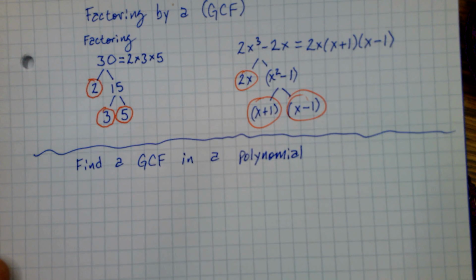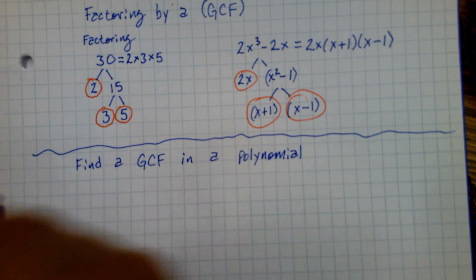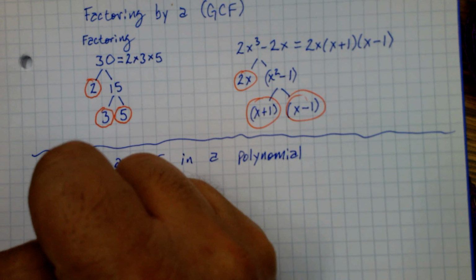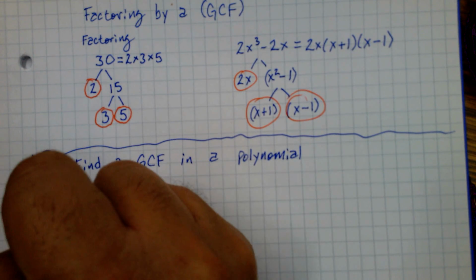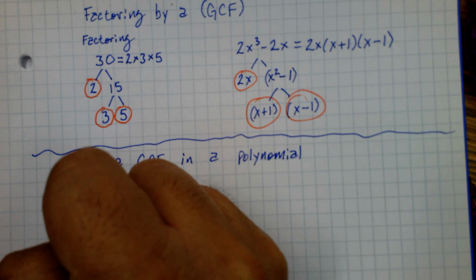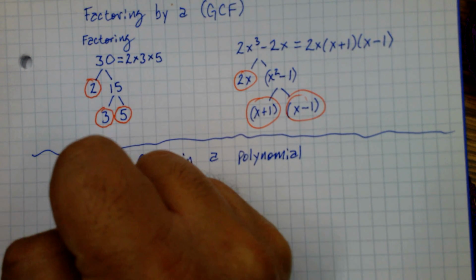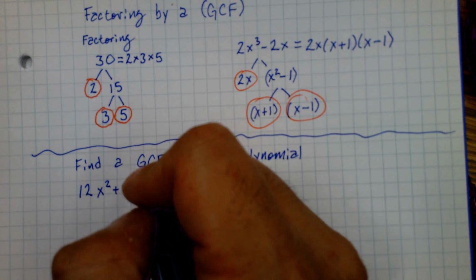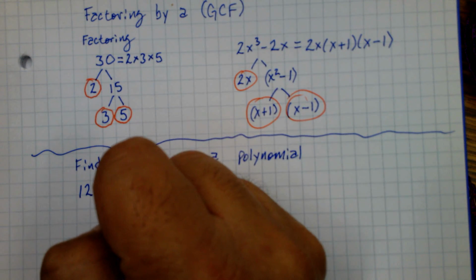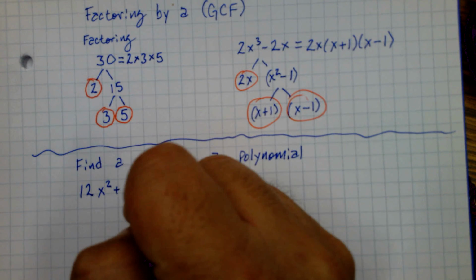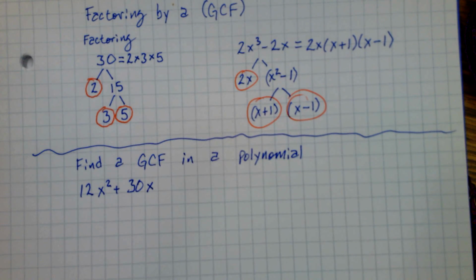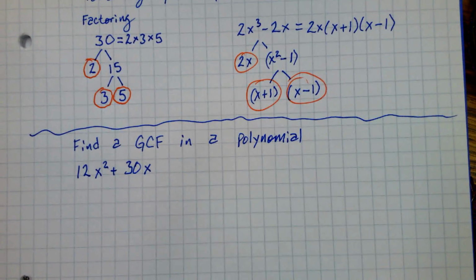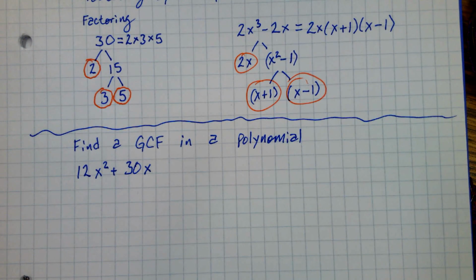Okay. Well, let's see here. Let's do an example where we have 12x squared plus 30x. Go ahead and write that down. 12x squared plus 30x.